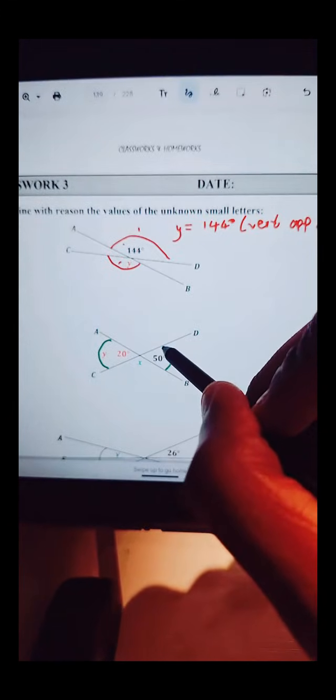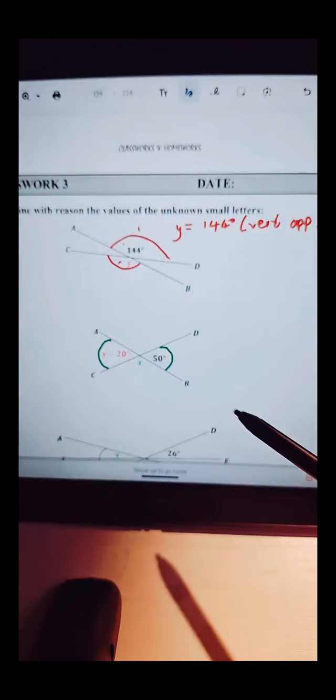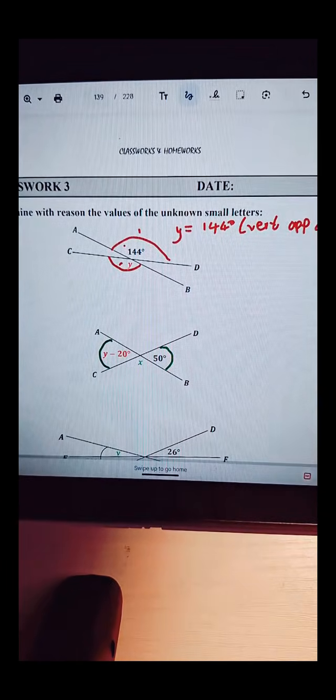This angle and that angle. What relationship exists between these two angles? I'm sure you can see the two intersecting lines, right? There's no way that y will be 30. Be very careful there. Yes, it's very good. They are equal. Y minus 20 and 50 are equal.